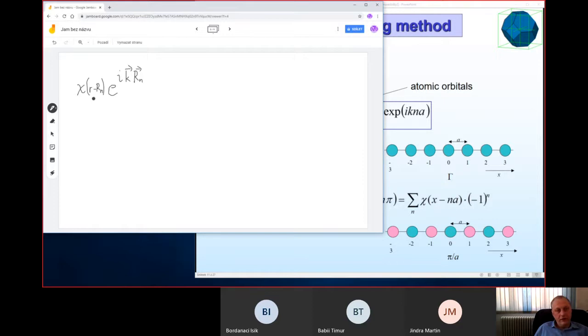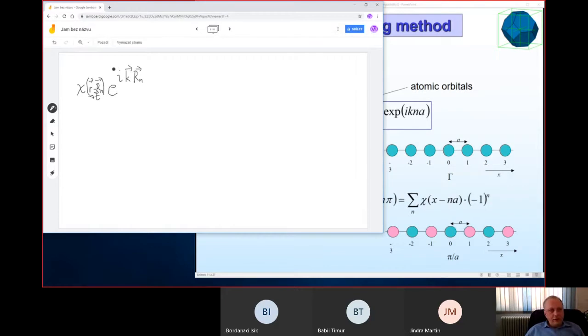We could define it as plus t or minus t, because the coordinate vector r, which is the coordinate of an electron, is referred to a point where the atom is positioned, and if Rn means the vector of a given unit cell, this t vector would be the fractional coordinate vector within a given unit cell.